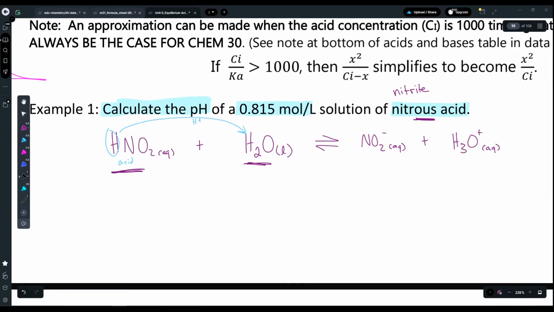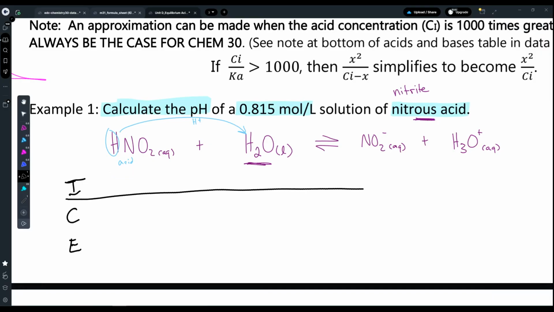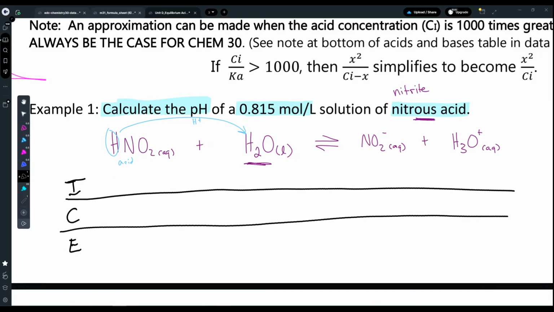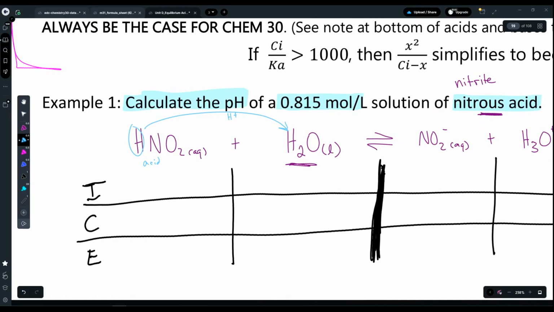Okay, let's fit in our ICE table here. I'm just putting a thicker line underneath the equilibrium arrow so I can see the difference between reactants and products quite easily. All right, now we're told that we have a concentration of 0.815 mole per liter for nitrous acid.